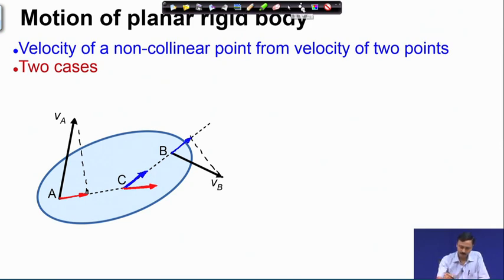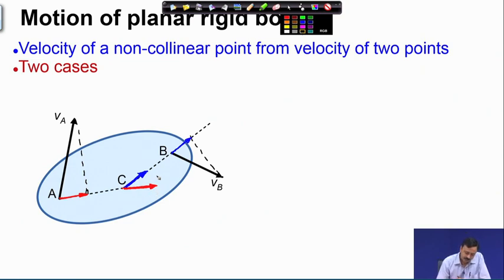Now, I have to locate or find out the velocity of point C. So, remember what are the constraints on velocity of point C? Whatever be the velocity of point C, its projection along CB must be the blue vector at C, and its projection along AC must be the red vector that I have drawn at C.